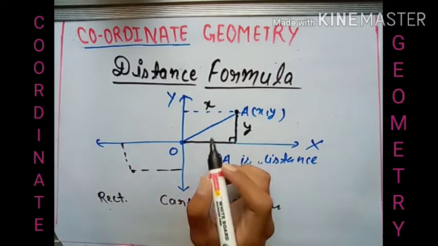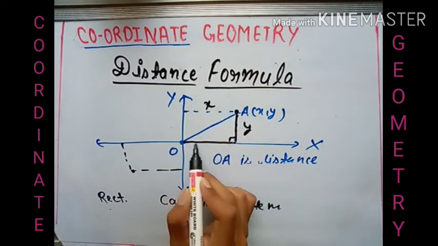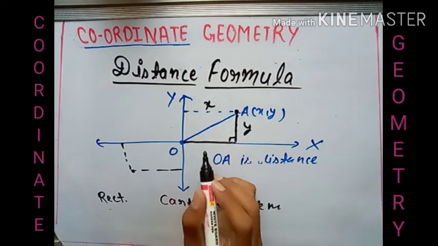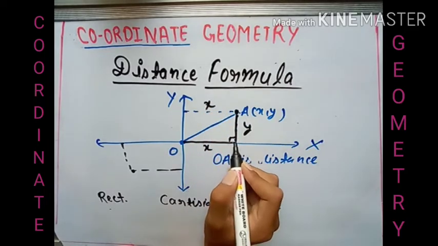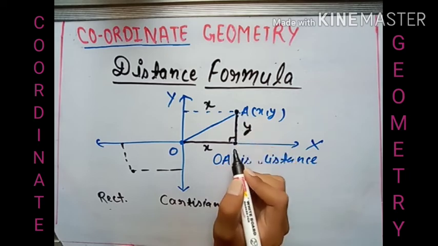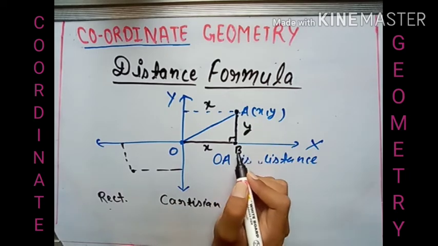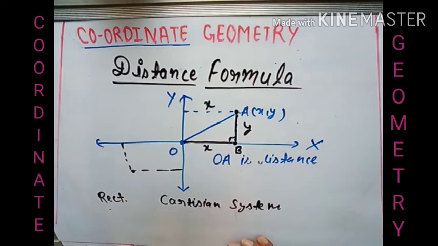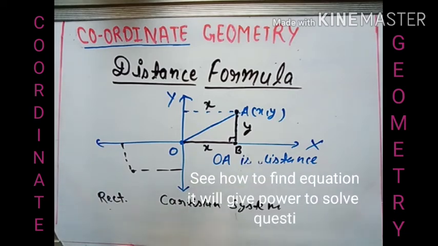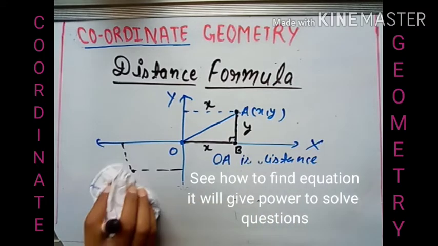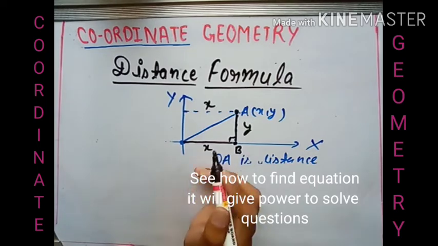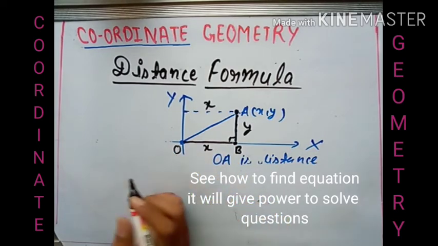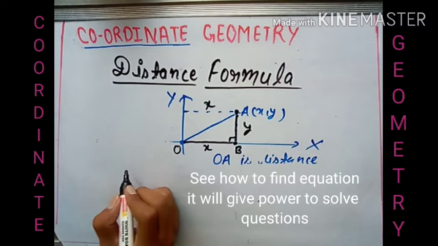Understand? Now since x will be equal to this line, so I'm taking x. This is the property of a rectangle. Take the origin as O, the point as A, and take this point as B. Now OAB is a right angle triangle, and we have the freedom to apply what? Pythagoras theorem. So let me apply Pythagoras theorem for finding the OA length.